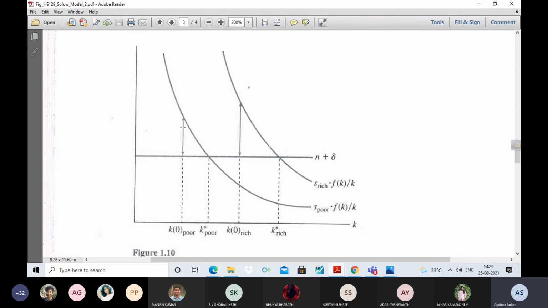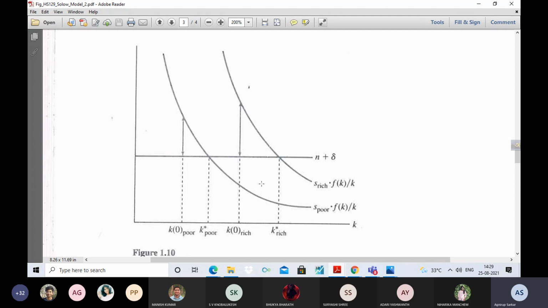So this is the idea that usually if economies have the same saving rate, then the per capita growth rate, which is the distance between the sFK by K curve and the n plus delta line, would be higher for the poor economy, and growth rate for poor greater than growth rate for rich would apply.